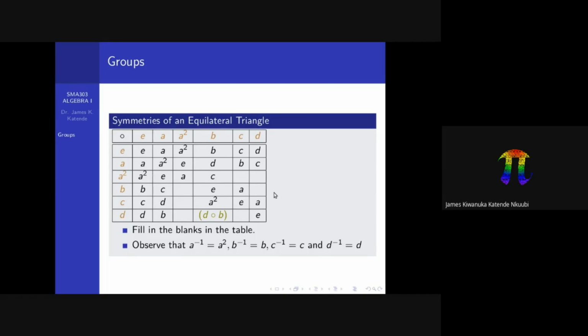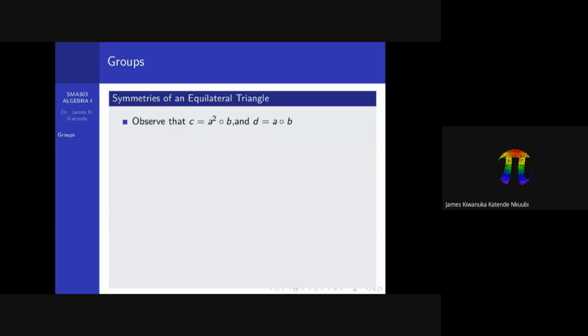Now there's an observation we can make which will help us out. The following is true. We observe that C is the same as A squared composed with B, and D is the same as A composed with B. So I can write everything in terms of A and B as follows.